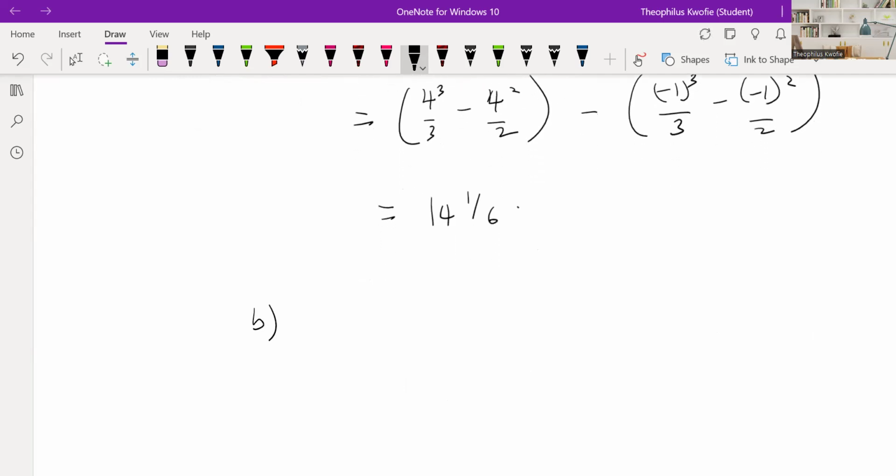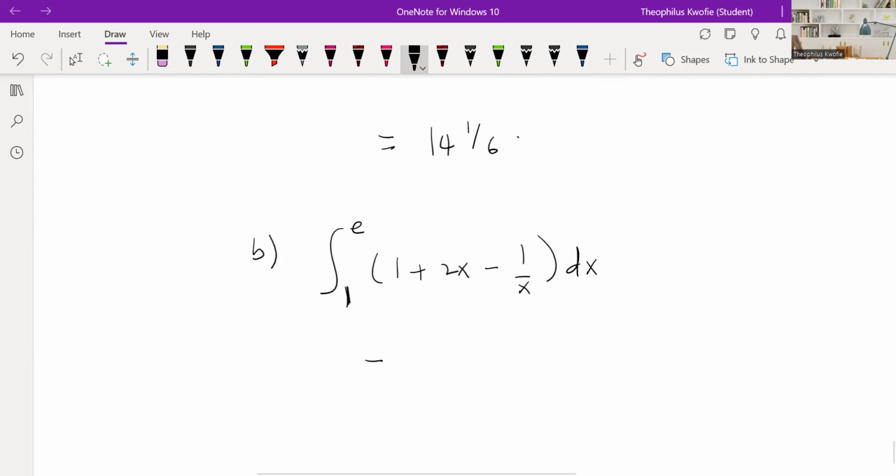What if I give you the integral from 1 to e, where the upper limit is e, of 1 plus 2x minus 1/x? So when we integrate 1, what do we get? We get x.